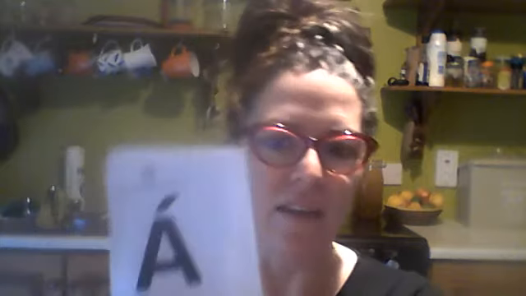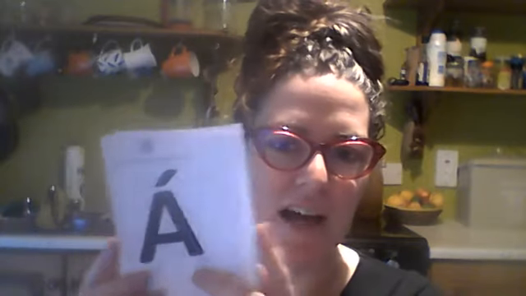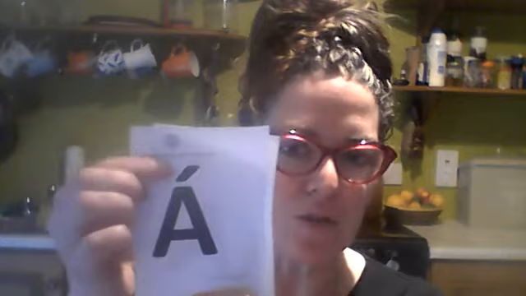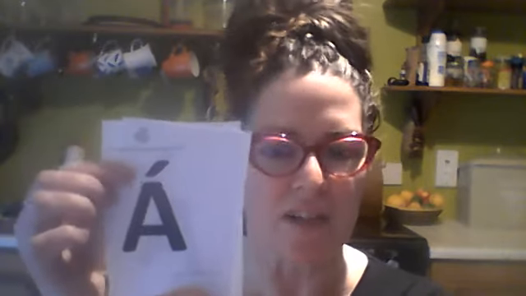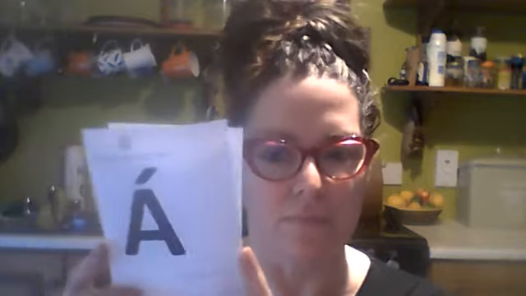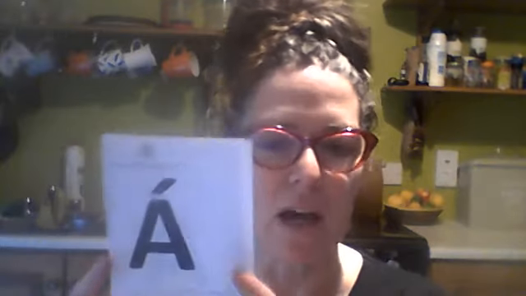Sometimes you'll hear people pronounce it that way in English as well, and that is how we pronounce it in Irish. Now, the A is also seen as an A fada, and this little stroke on the top, this little acute accent, is called a fada. So that is the A fada, and we pronounce it O.